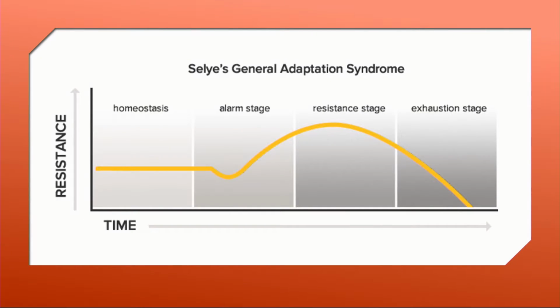First, there is an alarm stage, which is the immediate response to stress as I described in the beginning of my presentation today. Next, you move to a resistance stage where your body is trying to recover. And finally, if the resistance stage is prolonged, you end up in an exhaustion stage where the body can no longer fight back. It's out of resources.